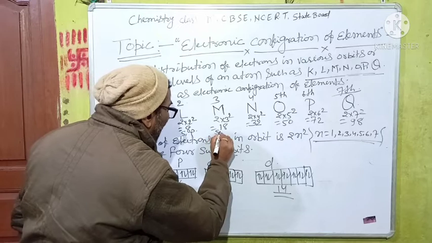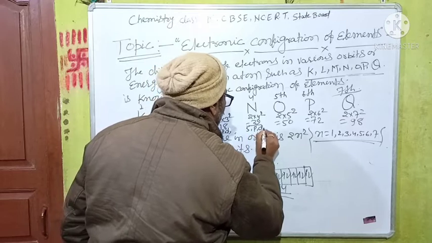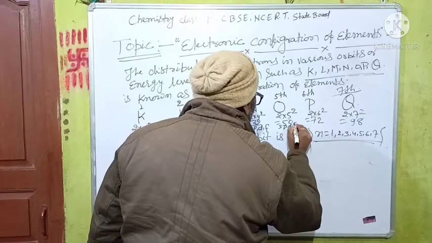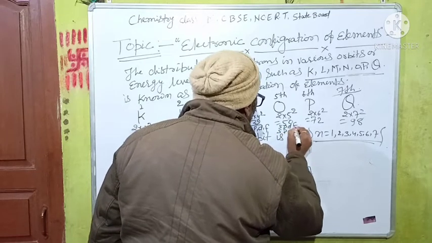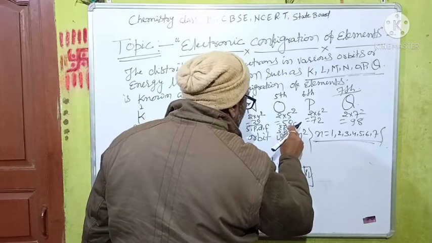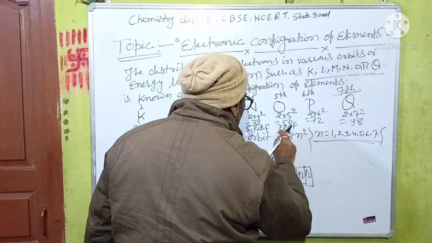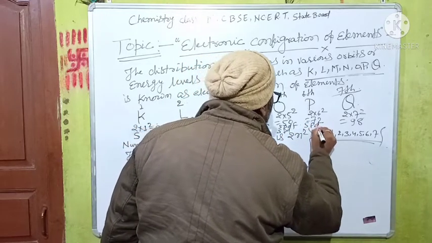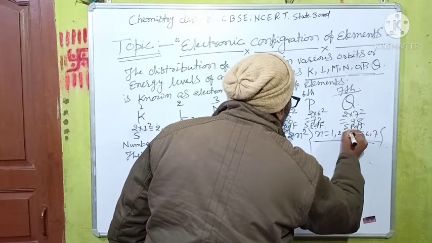M has S, P, D. And N has S, P, D, F. And after that they repeat: S, P, D, F. So S, P, D, F means 2 electrons plus 6, 8, plus 10, 18, plus 14, that is 32, and then they repeat as P, D, F and so on.